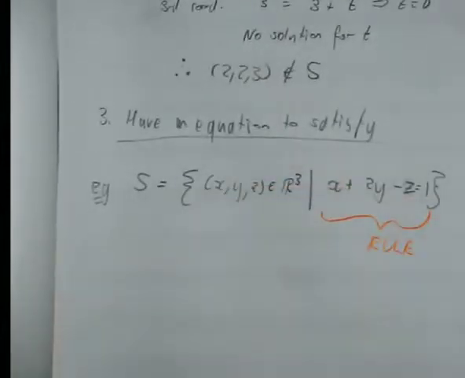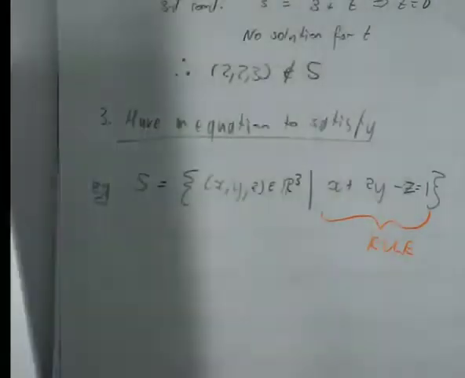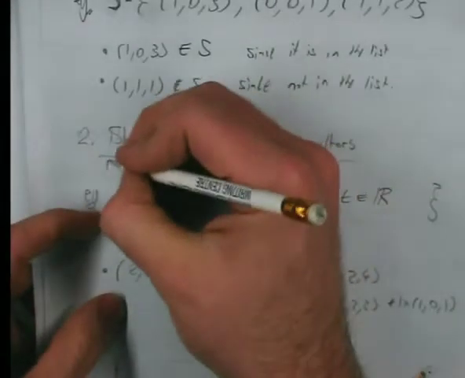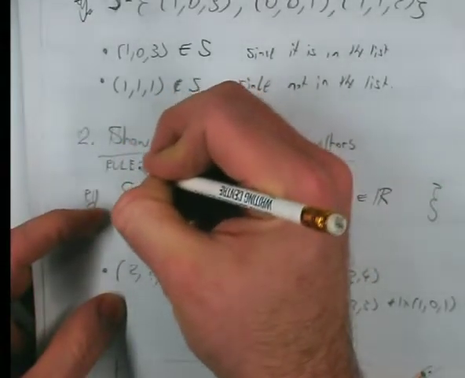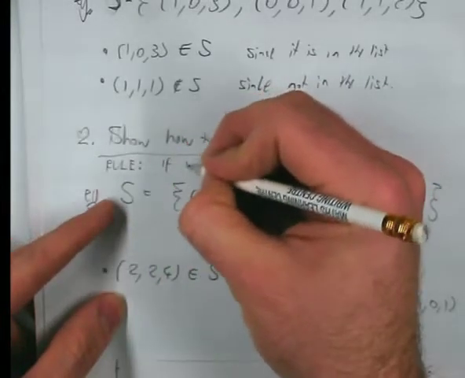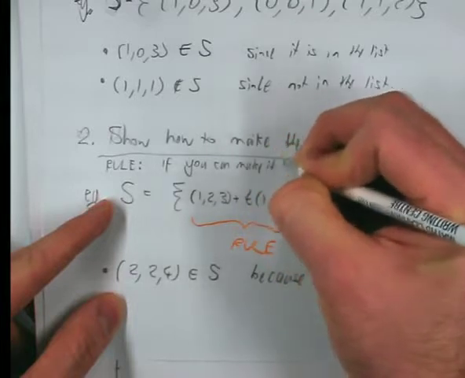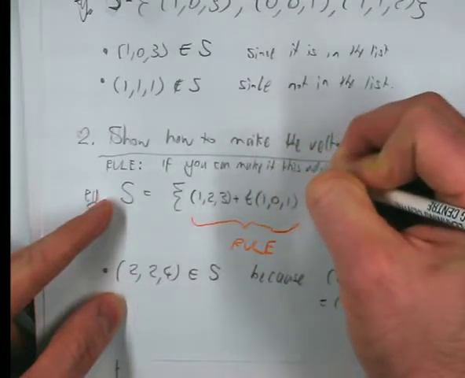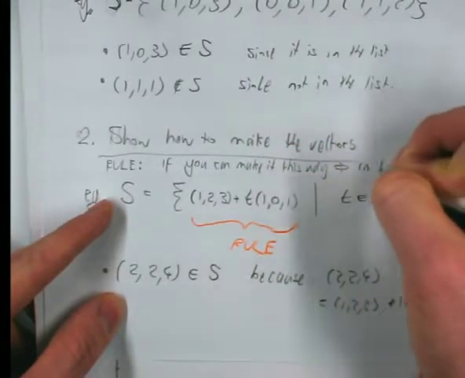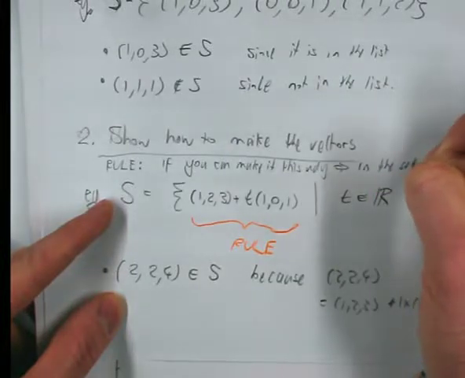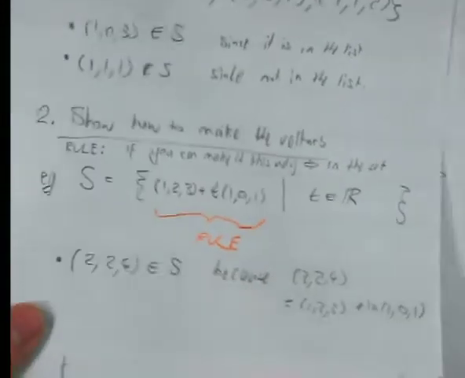So I should have written that back here. Just a second. So my rule is here for the old set. If you can make it this way, then it's in the set. But if you can't, then it's not.